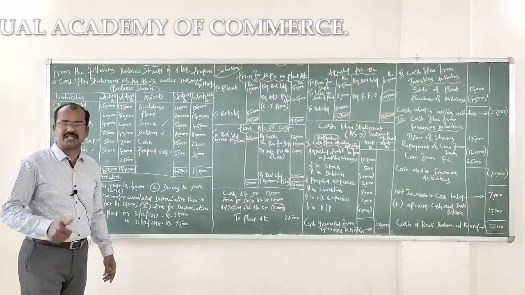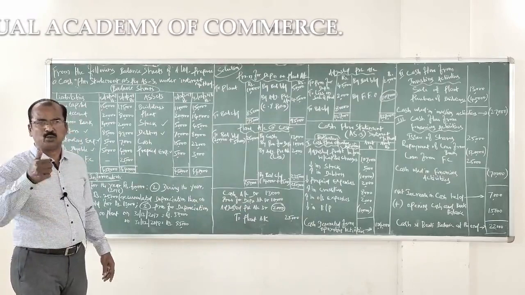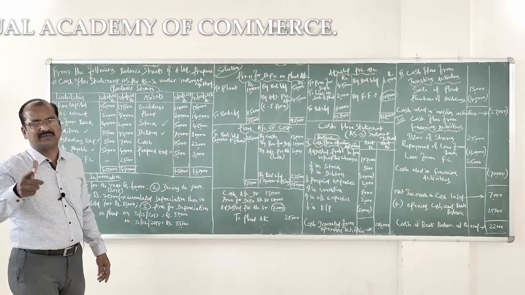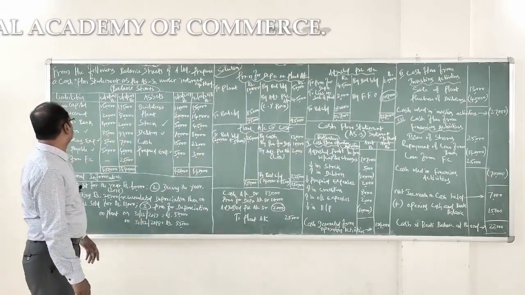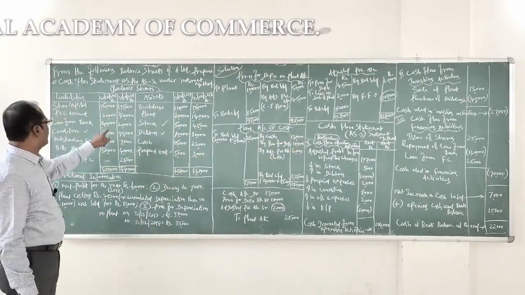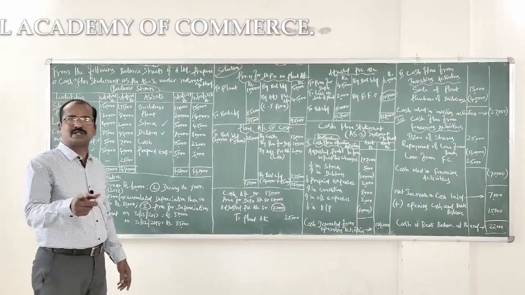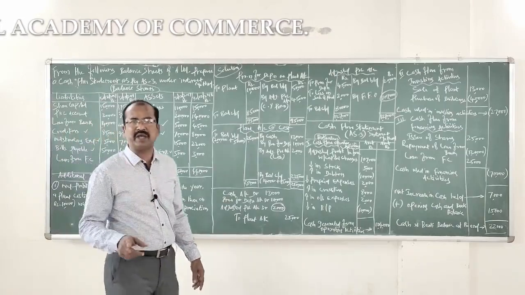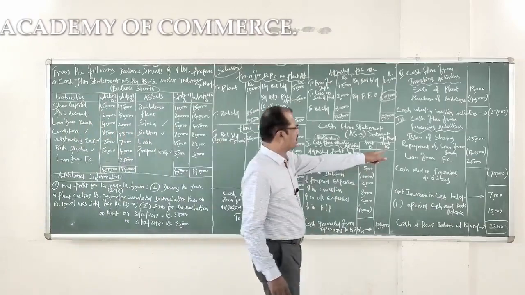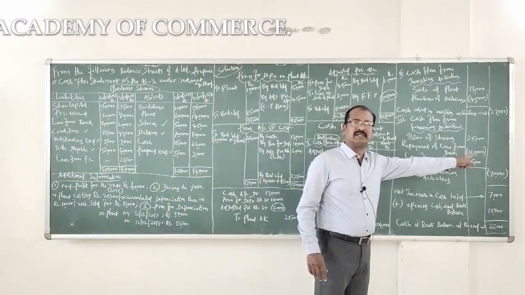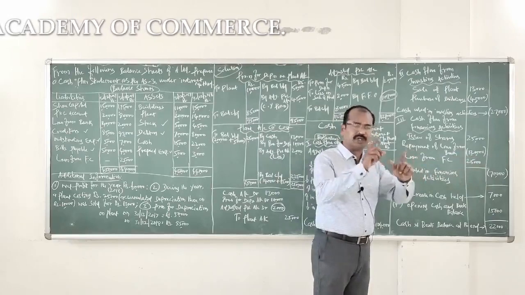Therefore, they have issued shares for a value of 25,000, which is a cash inflow under financing activity, recorded as the first item. The next one is about loan from bank. The opening was 1,40,000, closing is 20,000. Therefore, they have repaid the bank loan for a value of 1,20,000 rupees, which is a cash outflow, recorded as the second item within brackets.